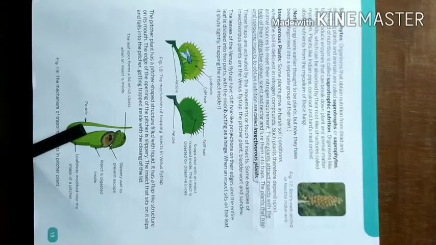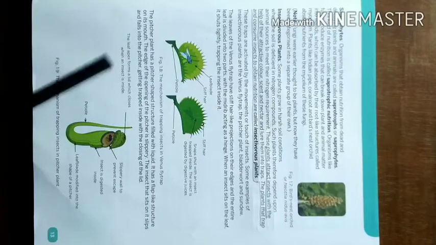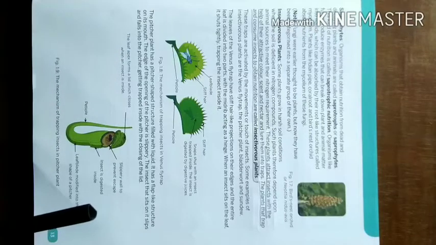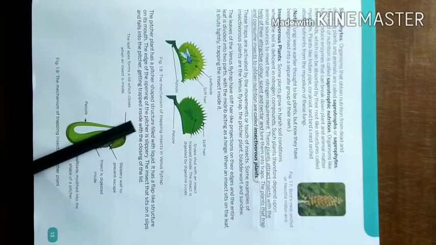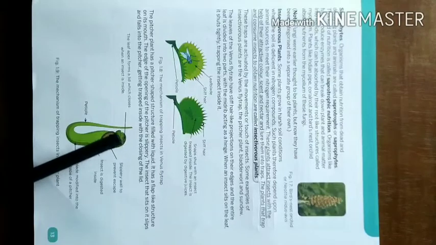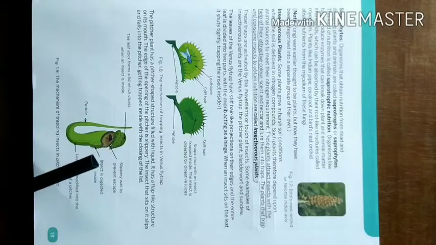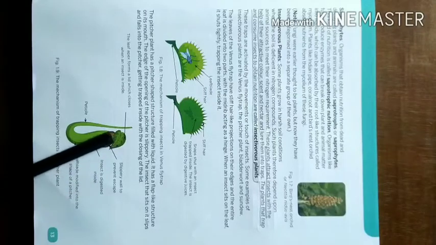So next one is the pitcher plant. The pitcher plant has a pitcher shaped structure which is filled with liquid, and it has a flap like structure on its mouth. It works as a lid for that plant. The opening of the pitcher is slippery, so when an insect sits on that surface, the insect slips or falls into the pitcher.